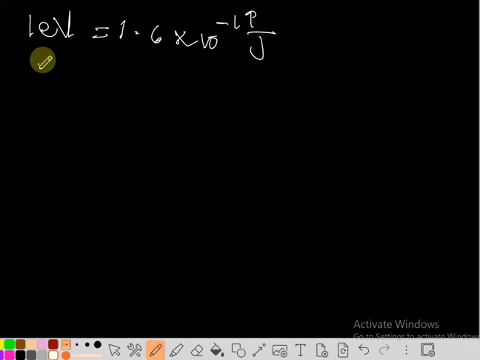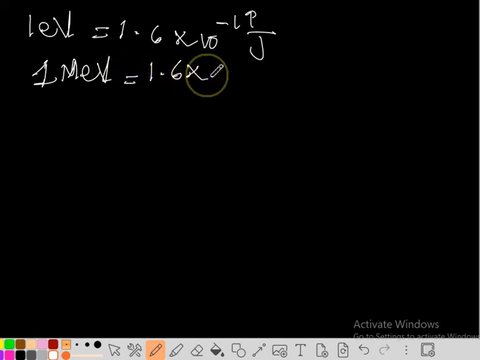One electron volt is equivalent to 1.6 times 10 raised to the power minus 19 joules. 1 mega electron volt is 1.6 times 10 raised to the power minus 13 joules.